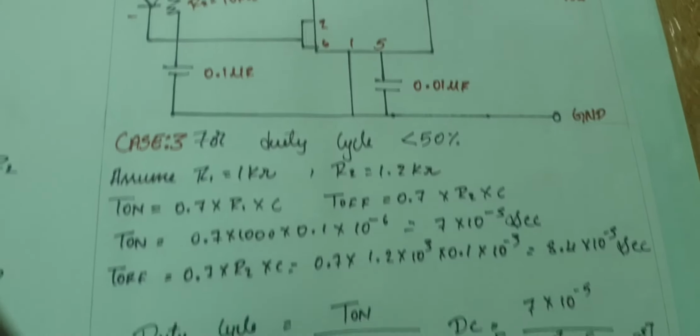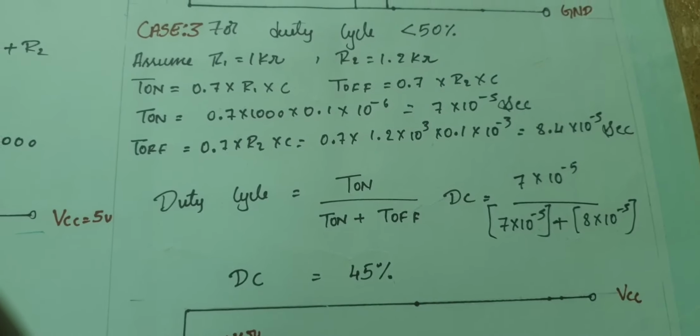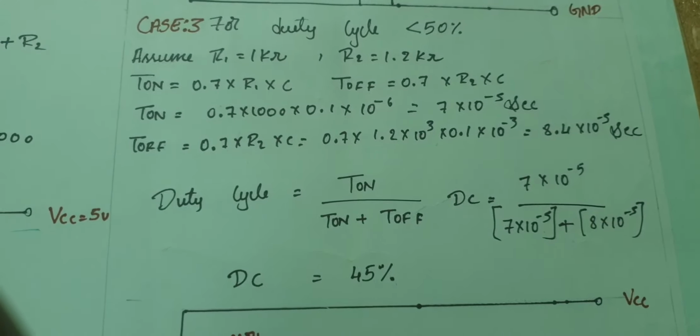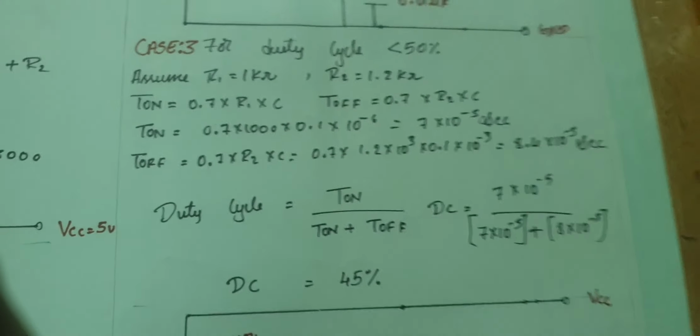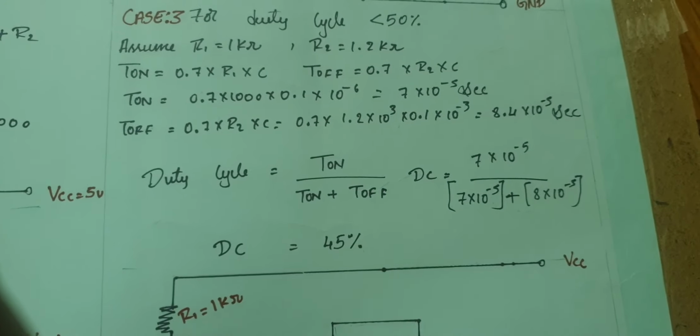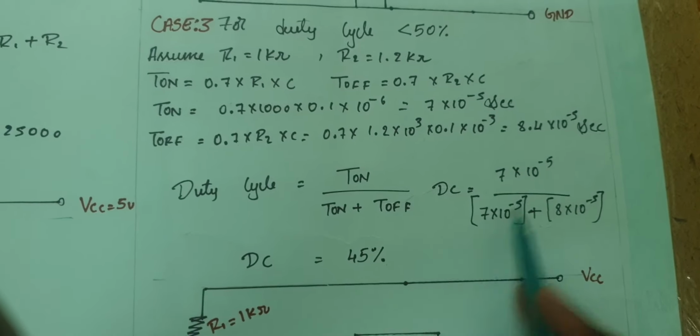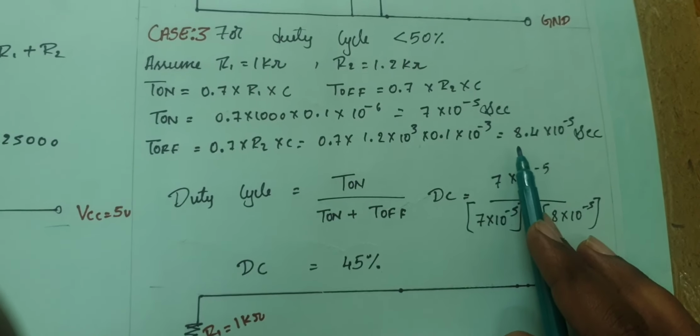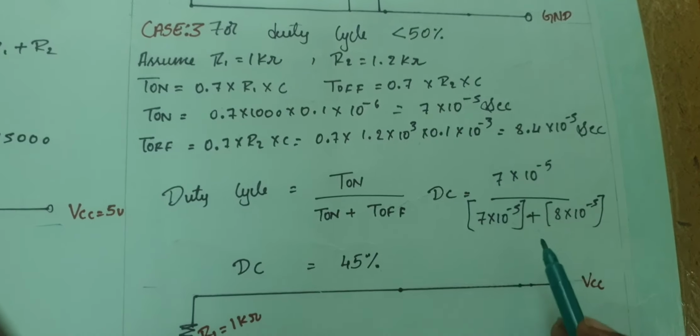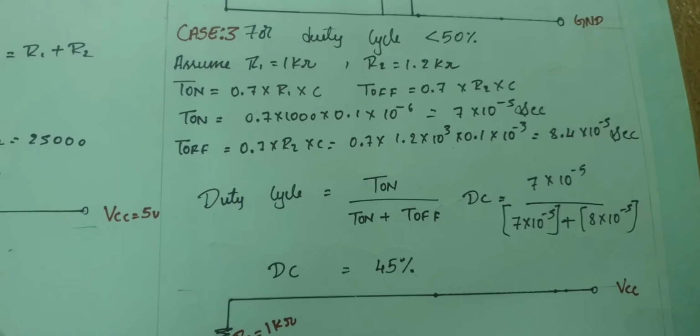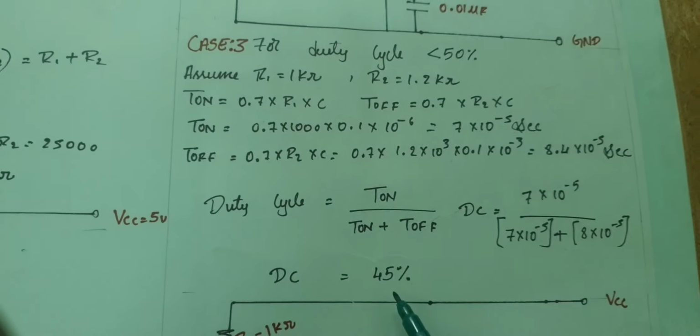Let's consider the duty cycle where we have less than 50%. Let's say we have 45% duty cycle. After calculating T on and T off with the resistances, we get around 45% duty cycle.